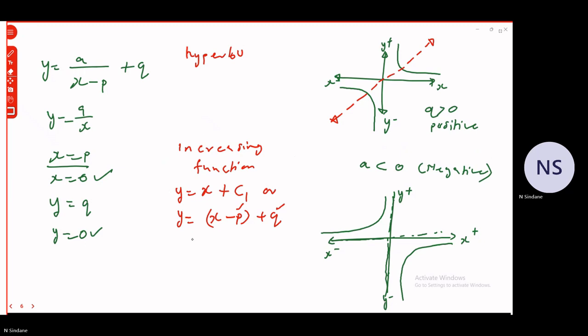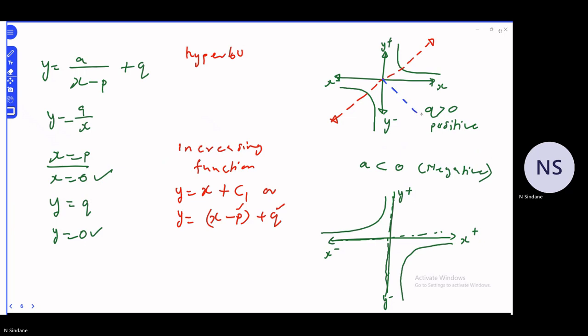And this is the positive one, this is the increasing one, right? They'll ask you to calculate the equation of the axis where the gradient is positive. This is the one. Now they'll also ask you to calculate the axis of symmetry where the gradient is negative.